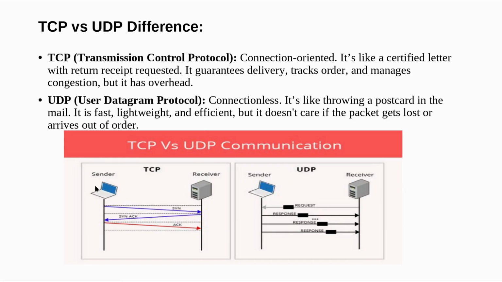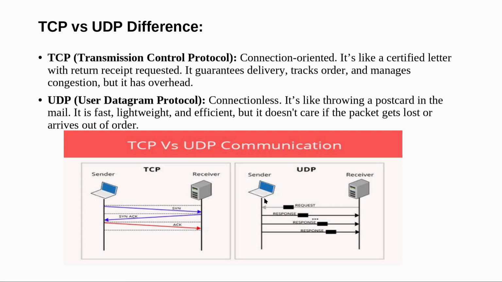As you can see, in TCP there is a sender and a receiver, right? This is basically a three-way handshake. We'll discuss that in a few minutes. It establishes a three-way handshake which forces it to become connection oriented. That is the reason it is guaranteed to deliver your message.